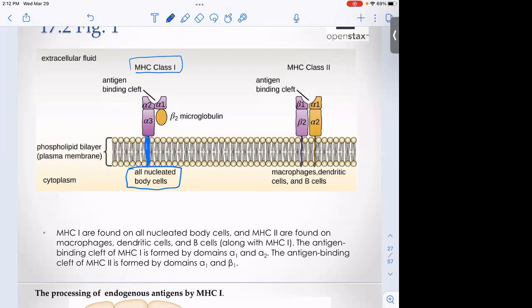Basically all our cells have this as a mechanism to advertise what's going on within the cell. Every cell will constantly sample what's going on. I like to think of MHC class 1 as raising my hand, volunteering what's going on inside the cell. So that's MHC class 1.